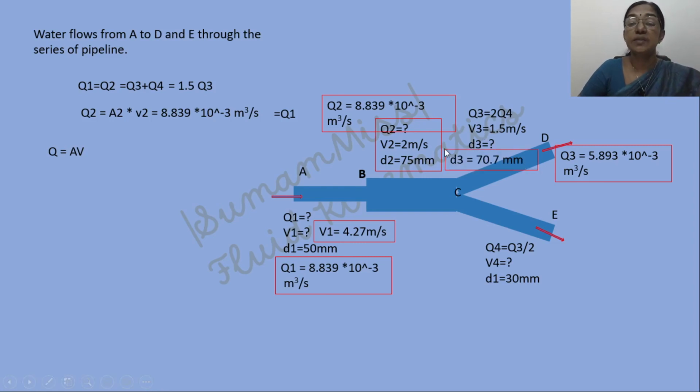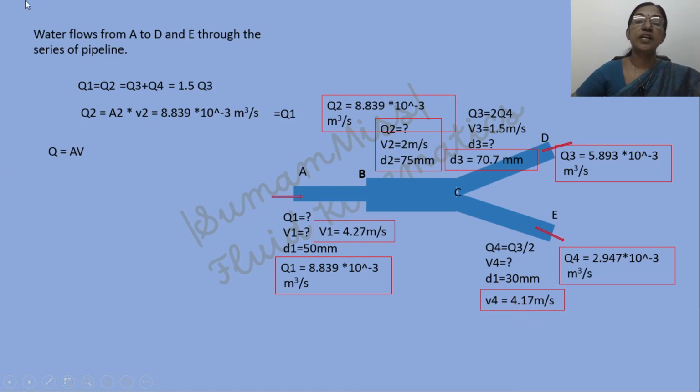So D3 equal to 70.7 mm. Now for the pipe segment CE, Q4 equal to Q3 by 2. So Q4 can be written as 2.947 into 10 raised to minus 3 meter cube per second. Since the area is available because the diameter is given, V4 is calculated as Q4 divided by A4, that is equal to 4.17 meter per second.